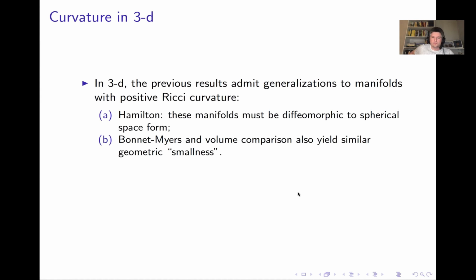And moreover, if you use Bonnet-Myers and volume comparison, you get similar geometric smallness. You can get an upper bound on the diameter and an upper bound on the volume of such manifolds if you assume a positive lower bound on Ricci curvature.